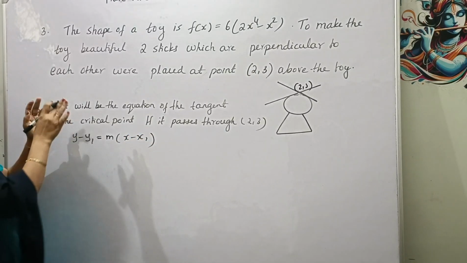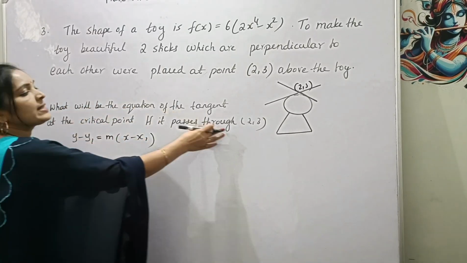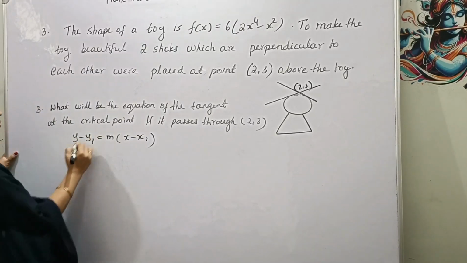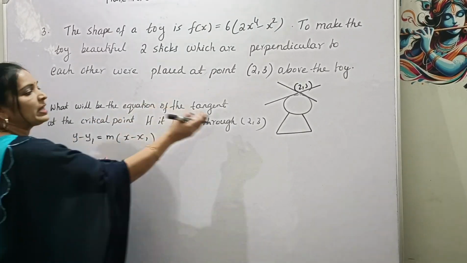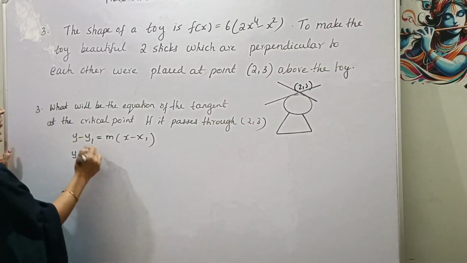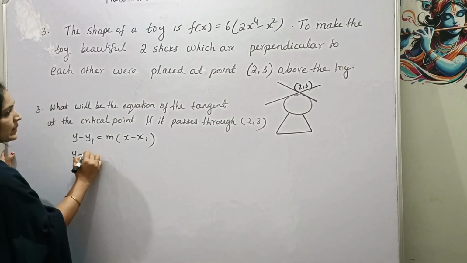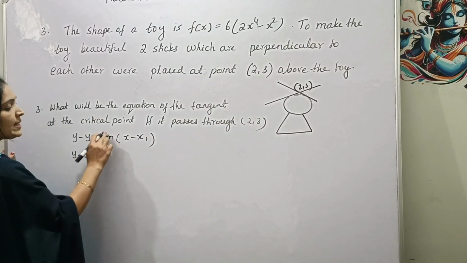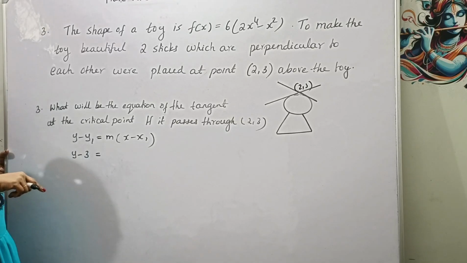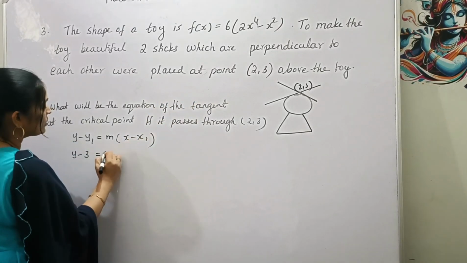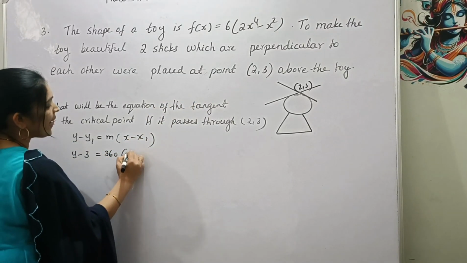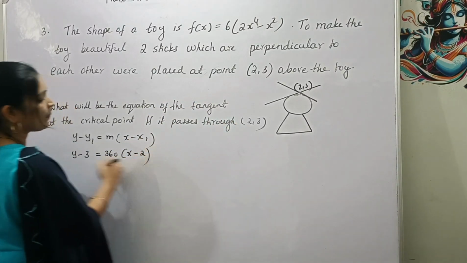And here we have to find the equation of the tangent passing through the point x1, y1, here x1, y1 is 2, 3, right? So y minus 3 is equal to, what is the slope of the tangent? We have got it in the previous question, right? That is, slope of the tangent is 360 at the point 2, 3, right? So 360 into x minus 2, okay?